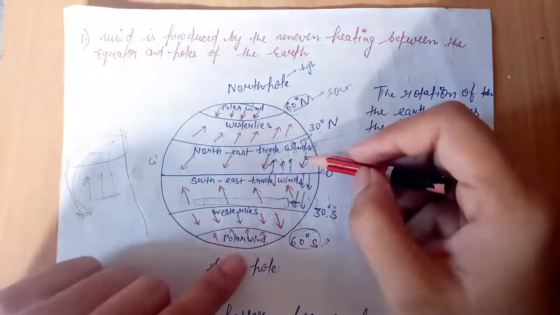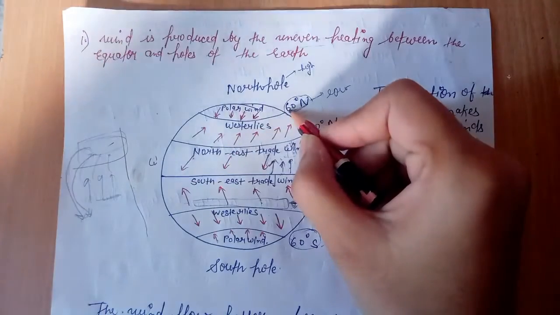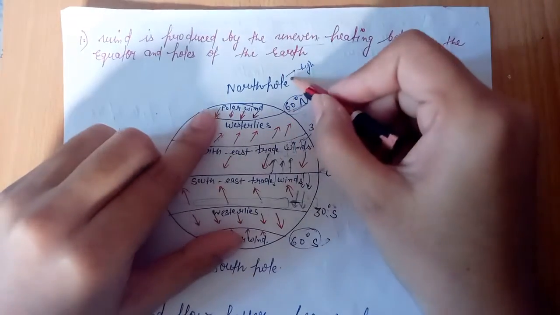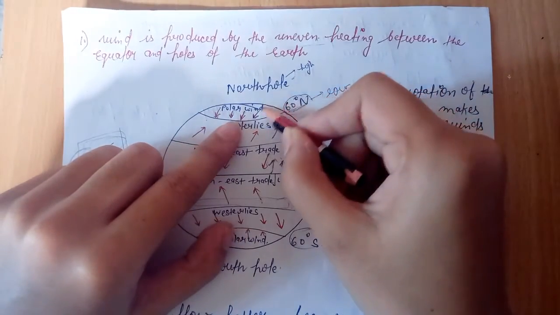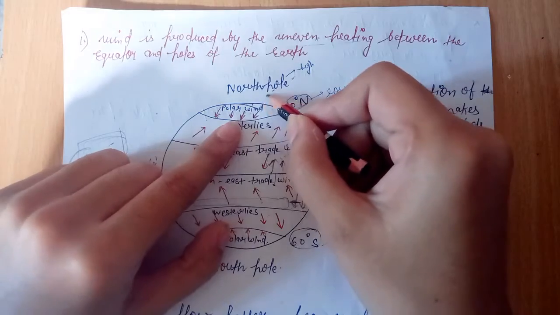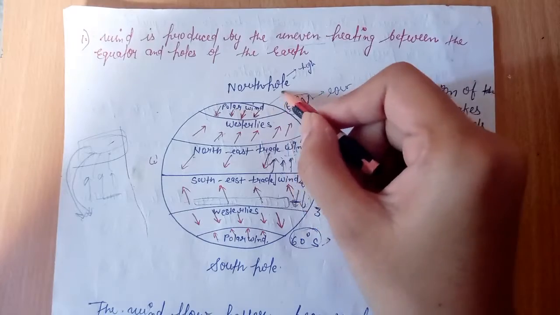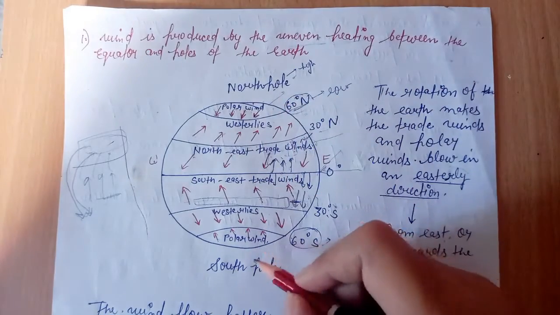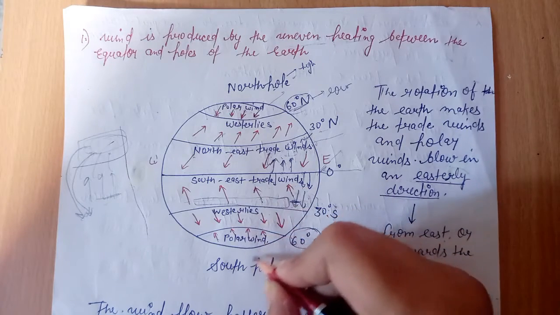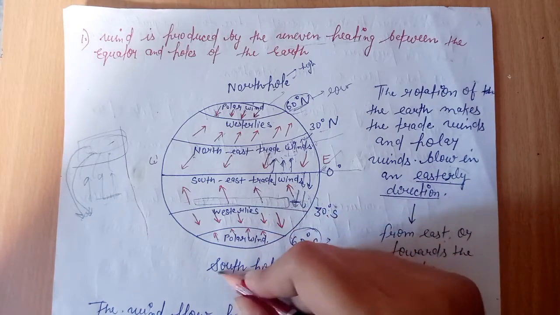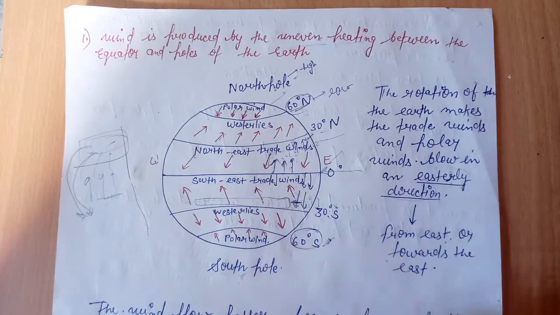At the poles the temperature is very low, and at 60 degrees north the temperature is comparatively higher than the polar region. So cold air from the polar region starts to blow towards 60 degrees north, and that wind we call polar wind. And from the polar region in the south, winds start to blow from the south pole towards 60 degrees south, and we call that polar wind.